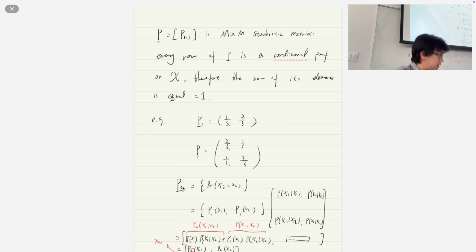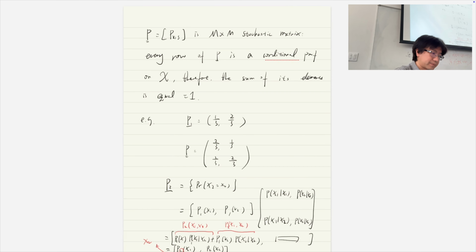Okay, and from here, I think it's clear how we compute it, right? So let's recall what we did here. This P2, which is the PMF of x2, is nothing but P1, which is a vector, so we use one bar here, times the transition probability, for which we use a double bar.